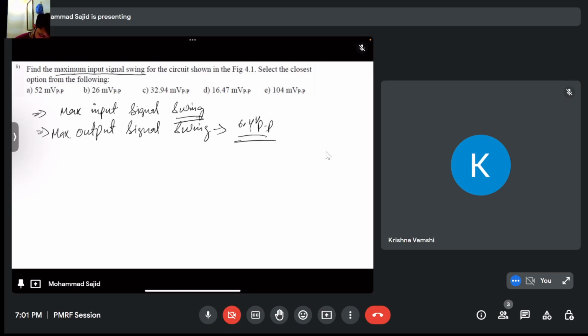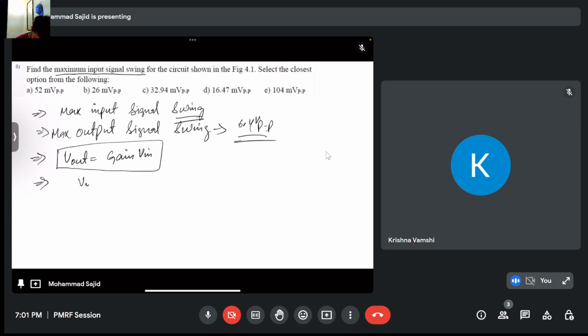So you know V output is gain times V input, right? So your swing ultimately will be given by the same formula, because that is also the output voltage and input voltage.